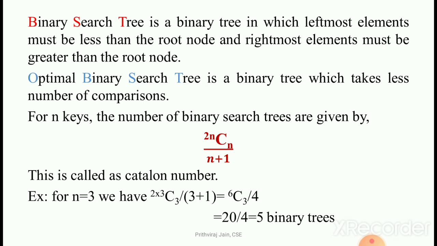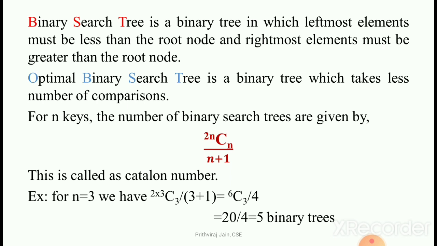For n keys, the number of binary trees is given by the formula 2n C n divided by n plus 1, and this is called a Catalan number. It is used to find the total number of possibilities for any given problem. So by this we can identify how many binary search trees are possible.